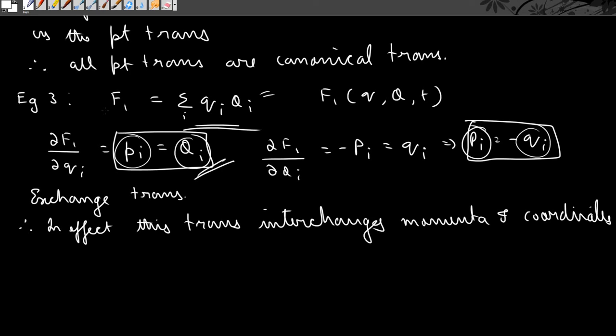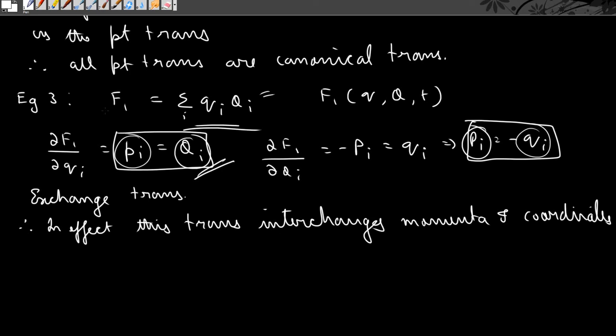There is no relation to saying that Qi's are actually representing the position coordinates and Pi's are actually equal to mass times velocity. No, that is only true when we consider Cartesian coordinate systems, but when we consider a generalized coordinate system, you should not differentiate them as one representing position and the other representing momenta.